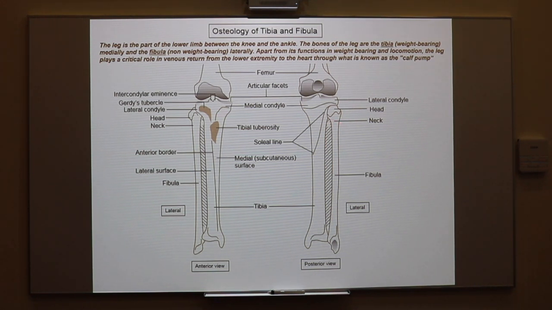The common peroneal nerve passes around the neck of the fibula, and then it enters the peroneus longus muscle, where it divides into the superficial and deep peroneal nerves.